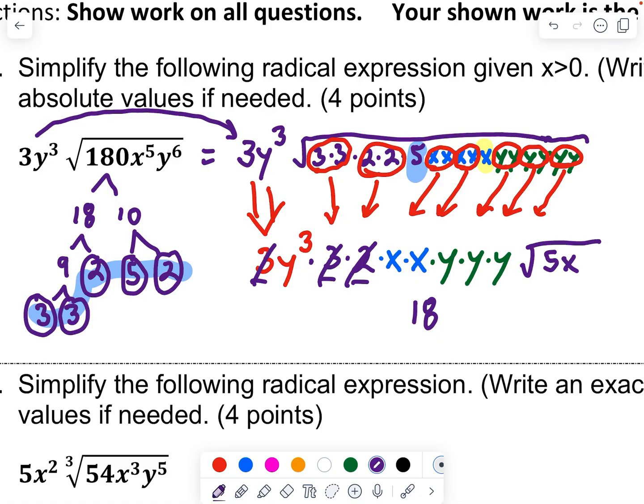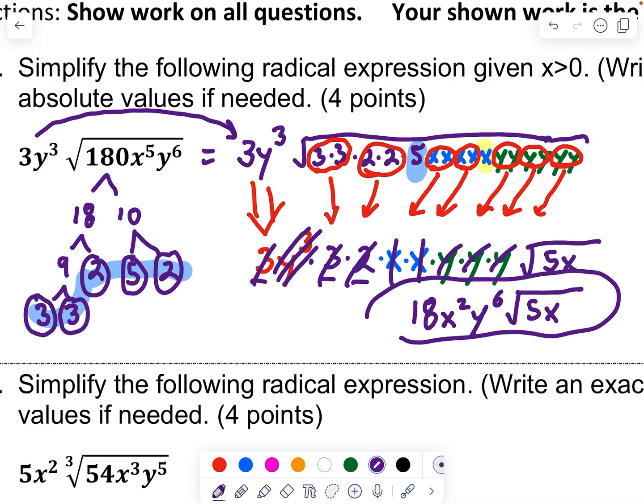I have one x there and another x. X times x is x squared. And then I have my y's. I've got 1, 2, 3 y's multiplied together right there. 4, 5, 6. I got a total of 6 y's multiplied together. And then I got square root of 5x.